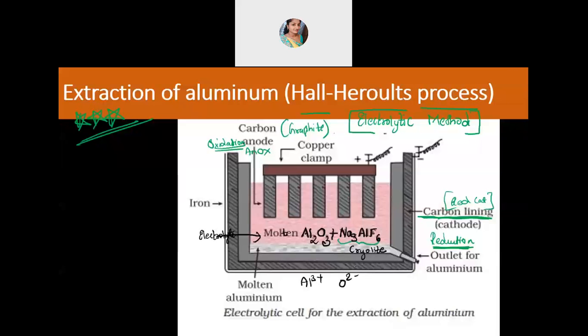Why is cryolite added? You will have a question now: why not take only alumina? The problem is, it is added so that you can increase the conductivity. If you want to increase the conductivity, these things are added. And it will help you to lower the melting point also.